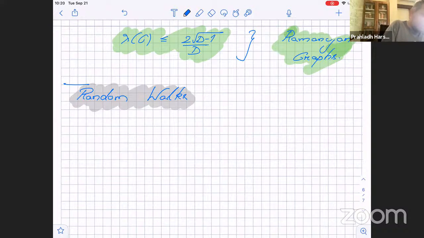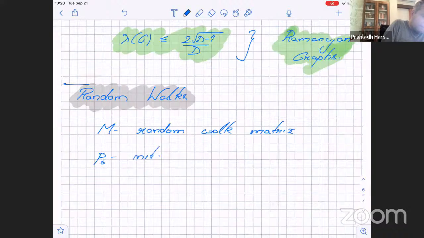Once again, we're given this random walk matrix M. We start off with some initial distribution P0 on vertices. It need not be the stationary distribution. It could be any distribution.